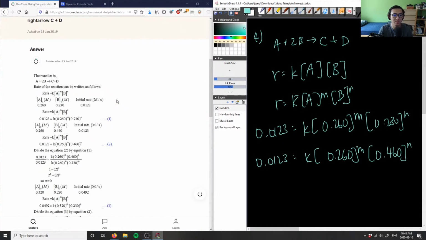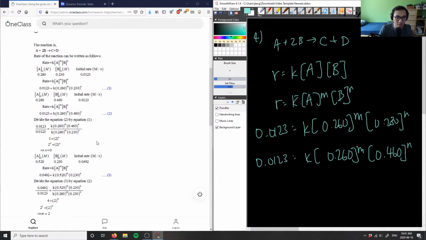And what we can do is we can simply calculate our M and N values by looking at these two equations here. What they're doing is they're dividing both equations, simply using substitution. Again, if rate equals rate here, then I can simply equate these two equations together.